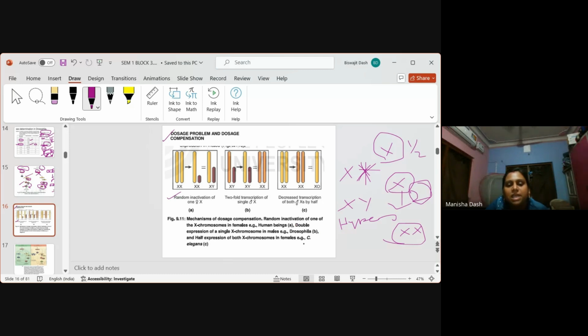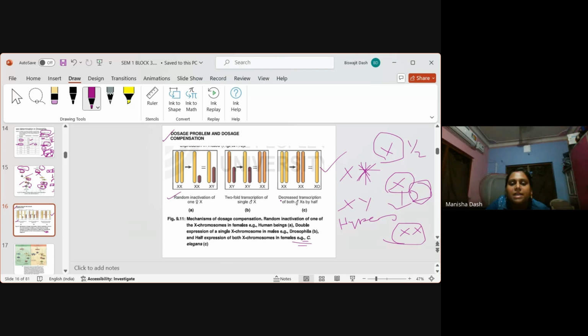Now, in case of C. elegans, what happens? In C. elegans, the female has two X chromosomes and the male has one X chromosome. But here in the female, the expression of the X chromosome is reduced to half. So half will be equal to 1, which is the same as the single X chromosome in the male.